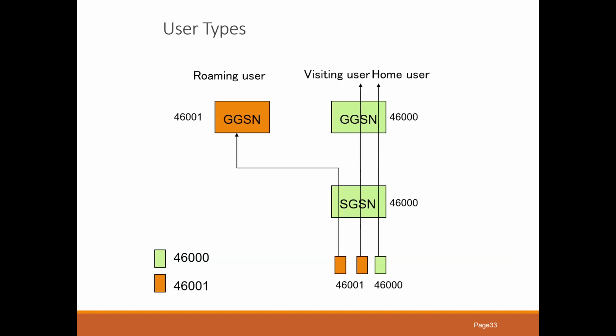So with respect to charging, there are three types of user. One is a home user, one we call a visiting user, one we call a roaming user. So the difference between these three: a home user is a user that is, for example, this is MNC and MCC. So a home user is a user who is using his own SGSN, using his own GGSN. A visiting user is a user of a different network that is using your SGSN and your GGSN.